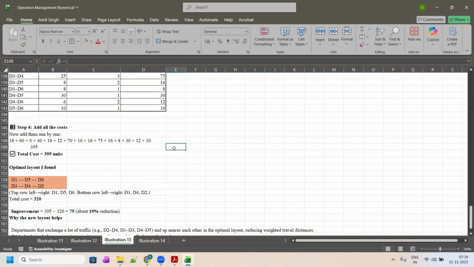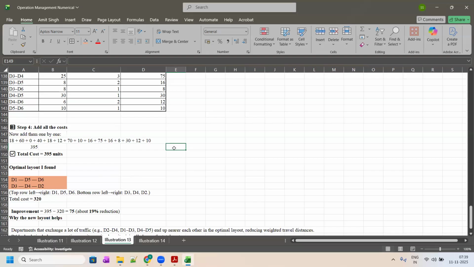You can try by yourself also. You are getting it, right? So how to get the optimal cost, how to get the optimal layout, there's no formula. We only have to use the trial and error method.